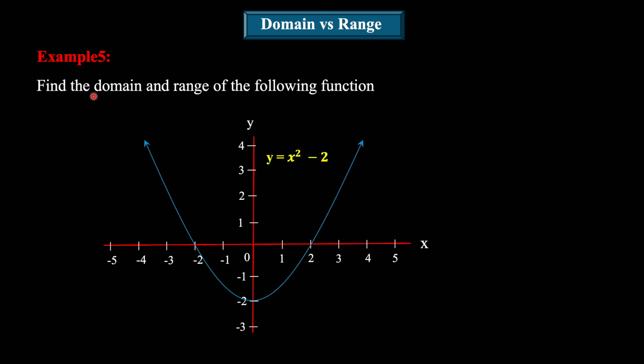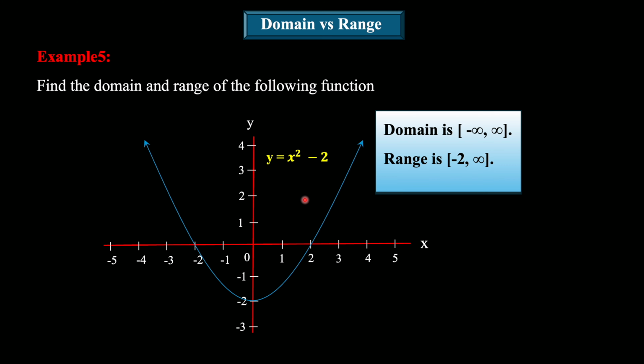Coming to the fifth example, find the domain and the range. This equation represents this curve. X squared is this curve, and minus 2 is at this point on the y-axis. So our domain is from minus infinity to plus infinity.